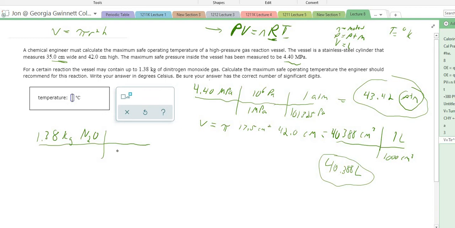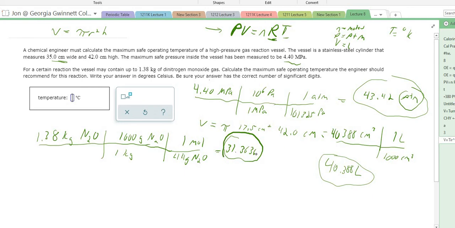In 1 kilogram there are 1,000 grams of N2O, and there are 44 grams of N2O in 1 mole. If I do that math, I get 31.3636 moles. I'll worry about sig figs at the end. Okay, so I have my moles.